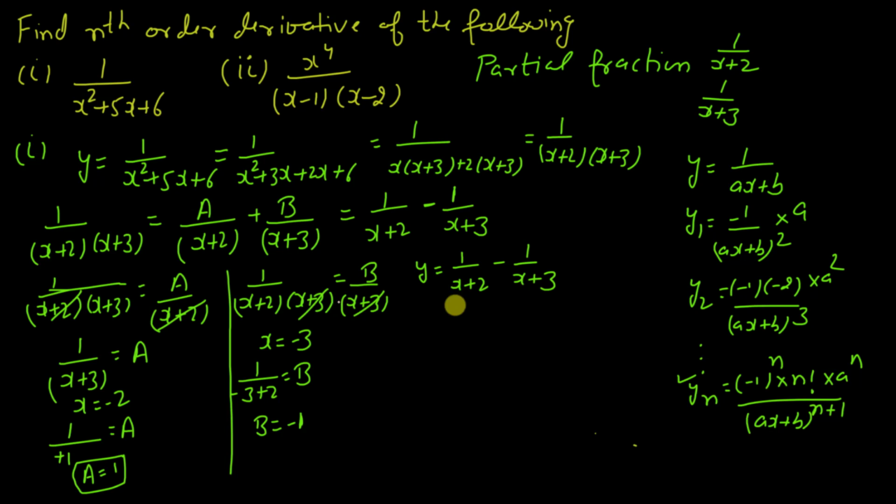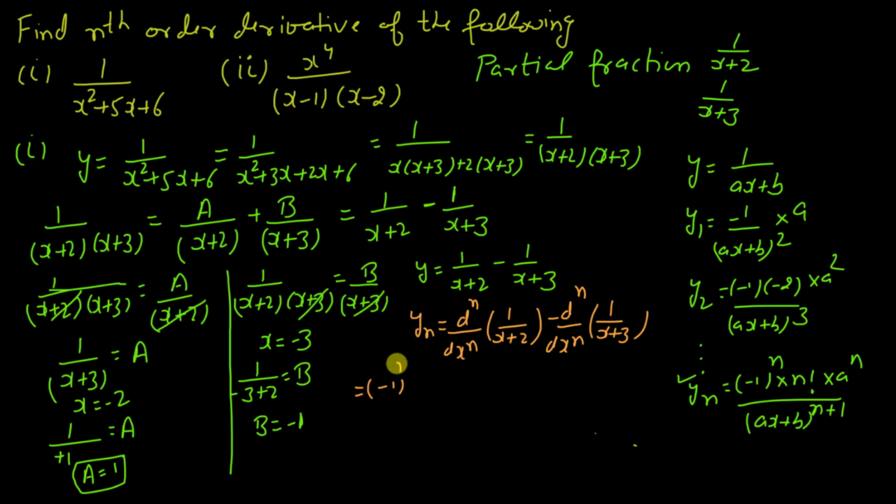So their nth order derivative, say yn is equal to dn by dxn, meaning nth order derivative of 1 by x plus 2 minus nth order derivative of 1 by x plus 3. So this will be, here this is same, here a is 1 and b is 2. So use this derivative formula.